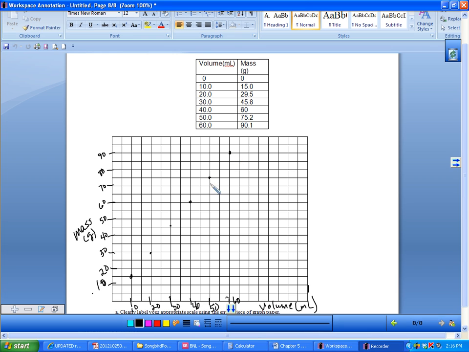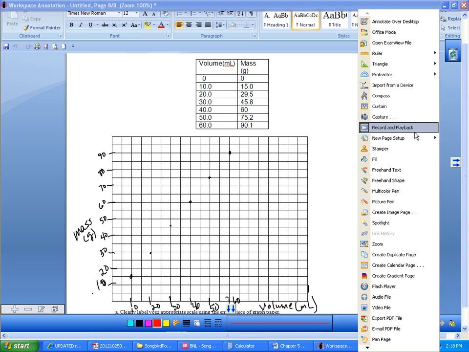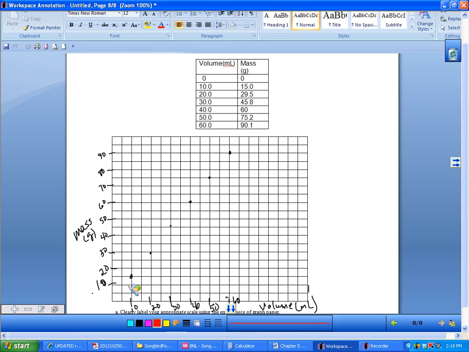All right, let me check those. I think it looks pretty good. Now I'm going to try to draw the line with this little auto shape thing. So let's see if it's going to let me. Freehand shape.